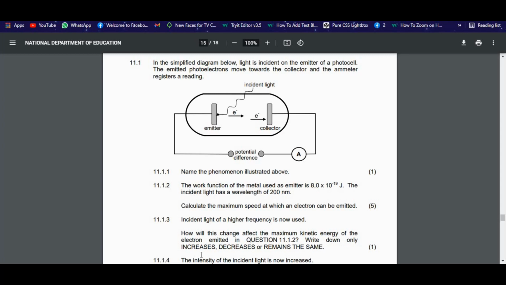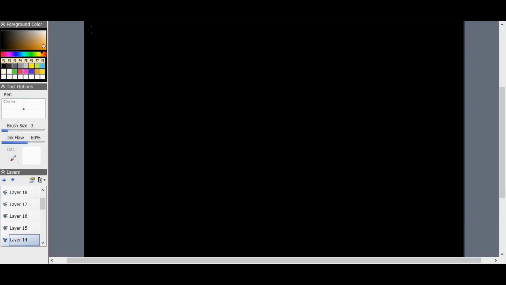So if I have a wavelength shorter than 200 nanometers and a higher frequency, then that obviously is going to increase my energy, which is my E equals hc over lambda. That value is obviously going to increase. My work function will probably remain the same, but that is going to increase. So the answer for 11.1.3, because if you use a light with higher frequency, that's actually going to increase your kinetic energy, is increases.